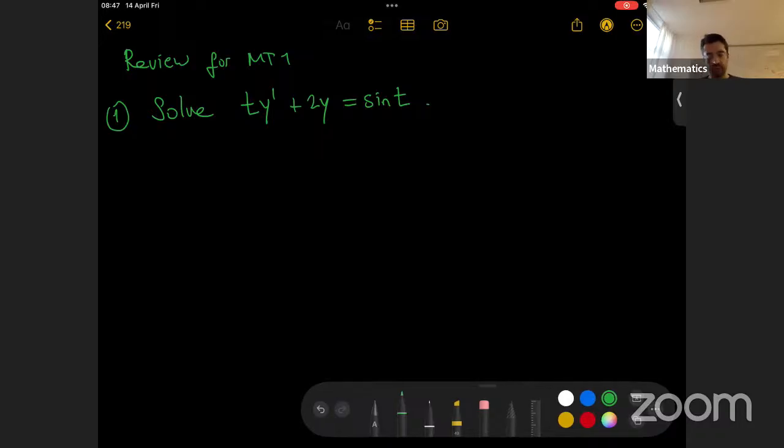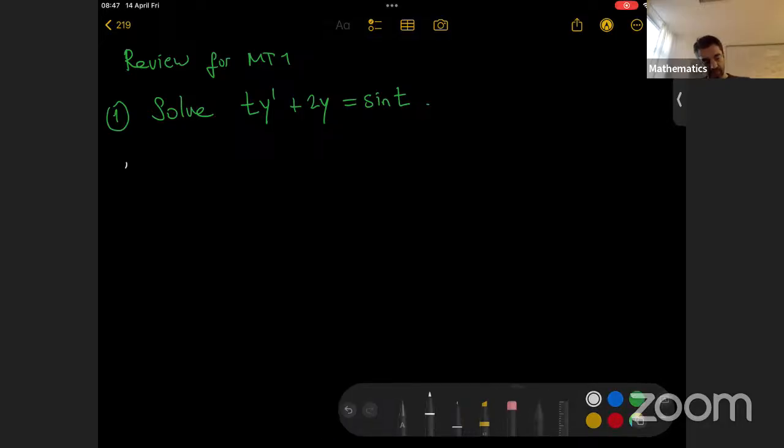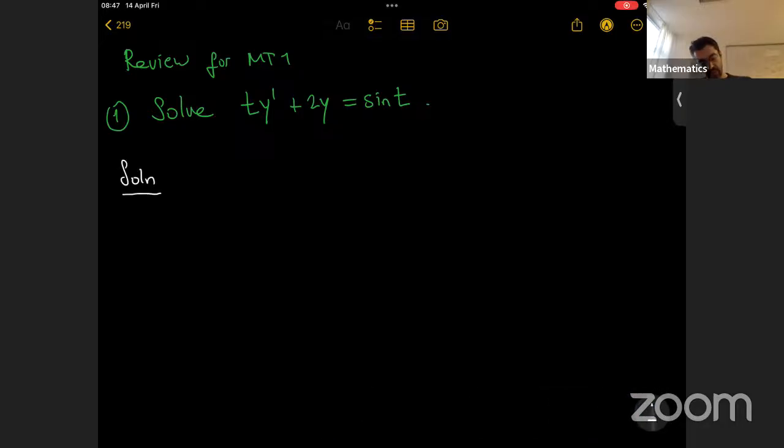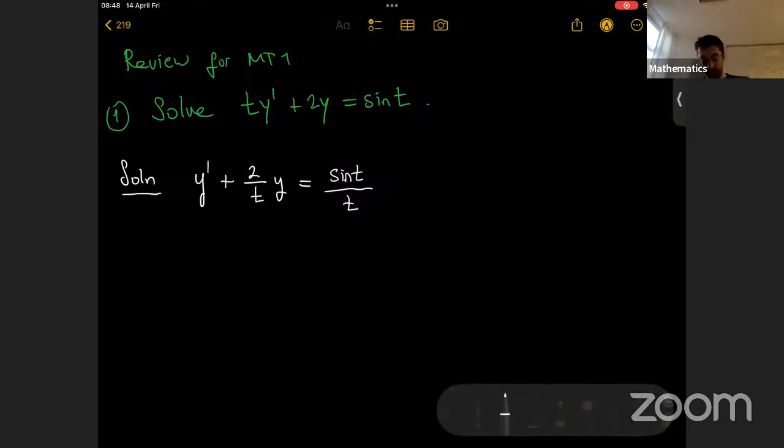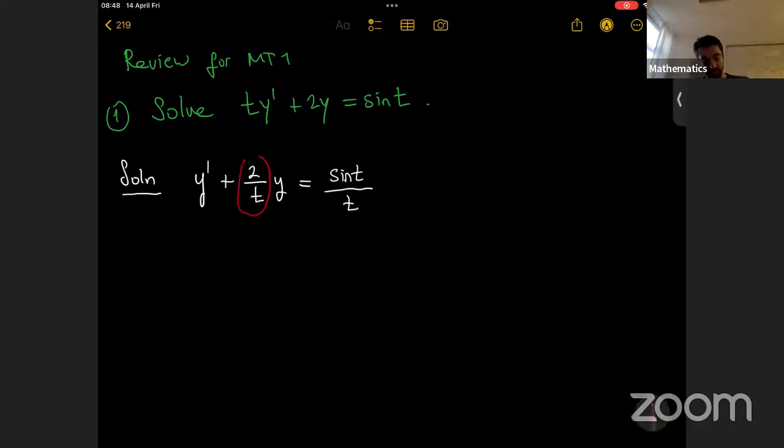It's a first order equation and it is linear because you can write this as the following: y prime plus, you divide everything by t, 2 over t y is equal to sine t over t. Now, this is a linear equation. Remember, this is your p and this is your q in the first order linear equation.